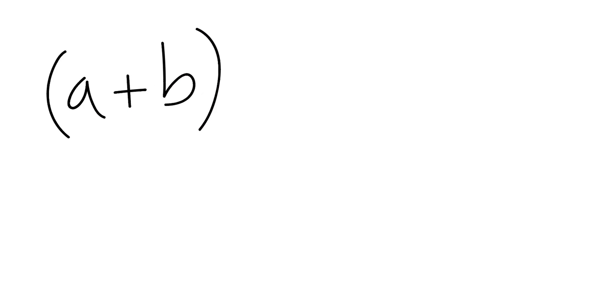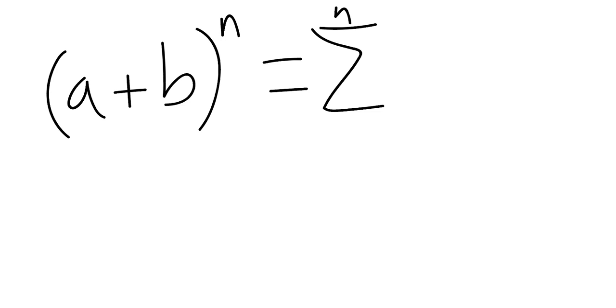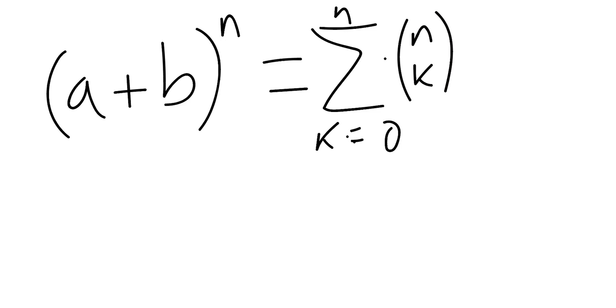Now let's actually look at the binomial expansion formula. We have something like (a plus b) to the n. We can say that this is the sum from k equals 0 to n of n choose k, a to the k times b to the n minus k, right?